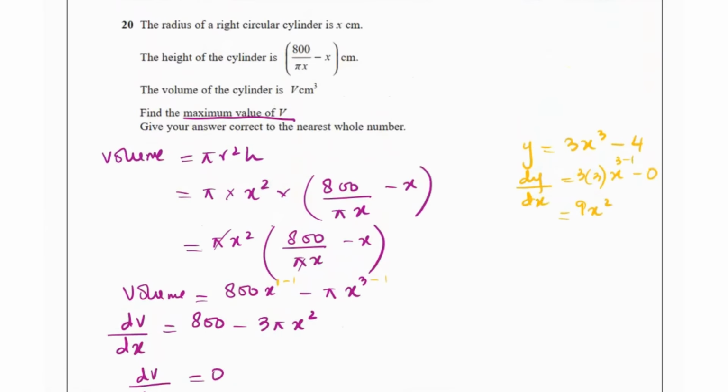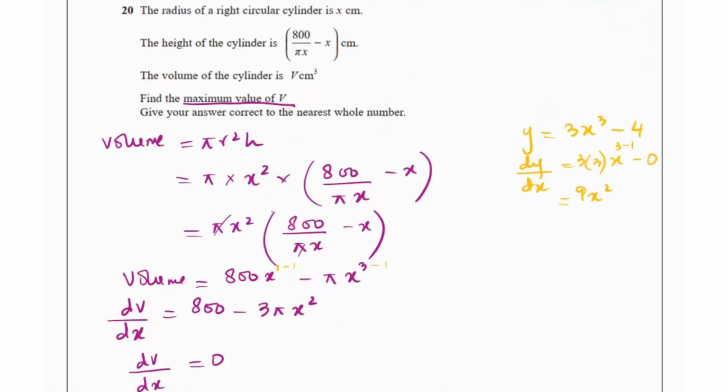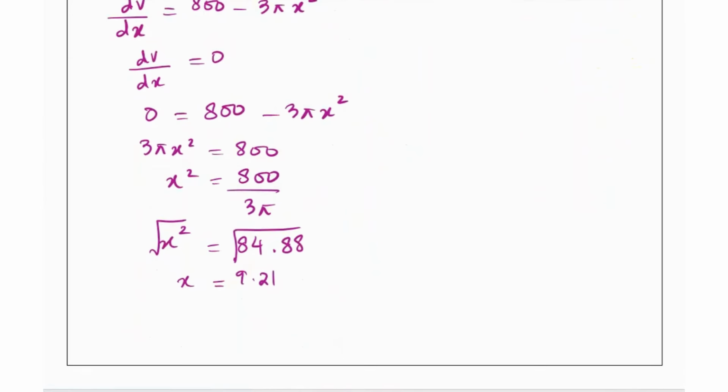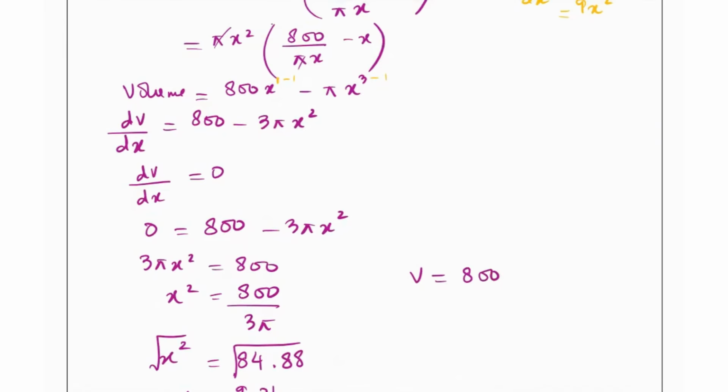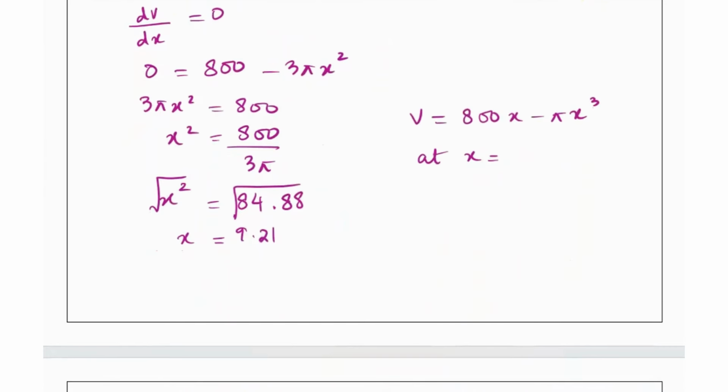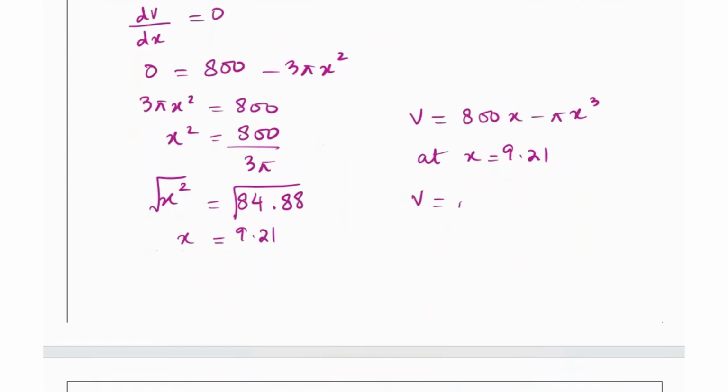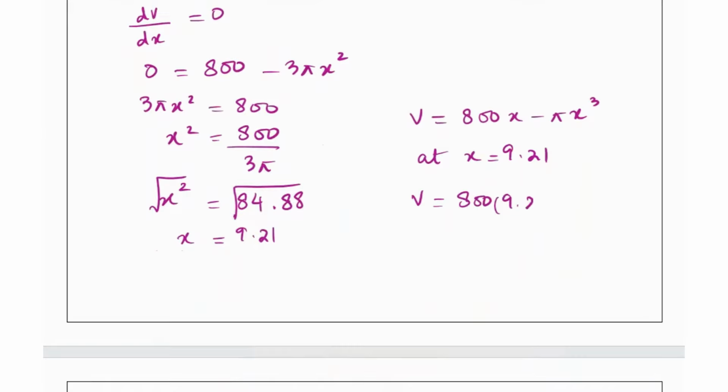So maximum value of v, we have the value of x, so we put it back into the volume equation. So volume is 800x minus pi x cubed. So at x equals to 9.21, that's 800 times 9.21 minus pi times 9.21 cubed.